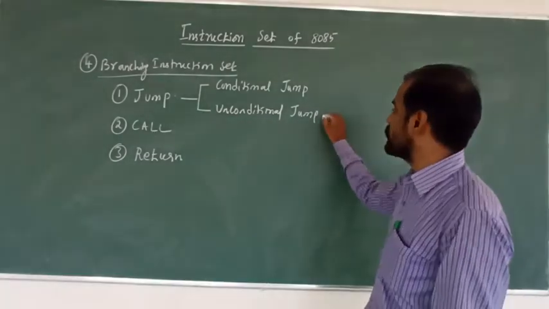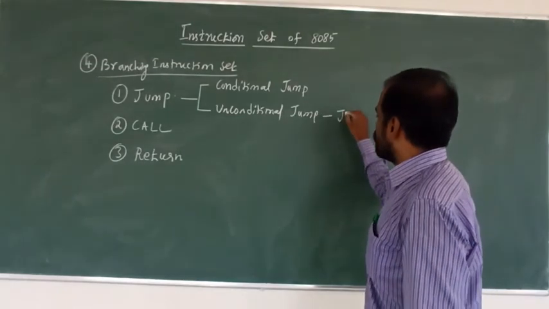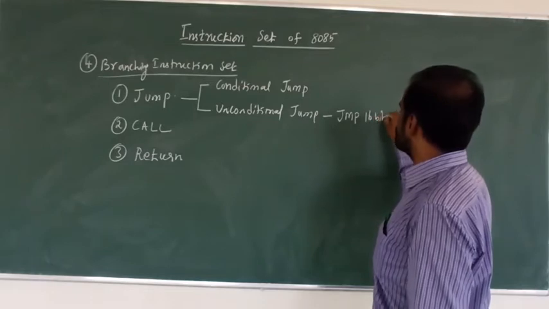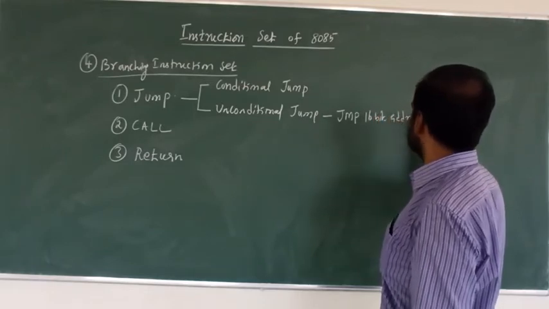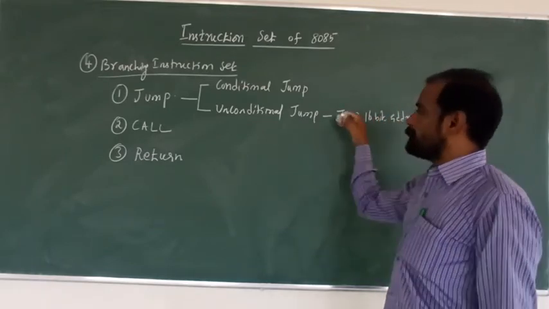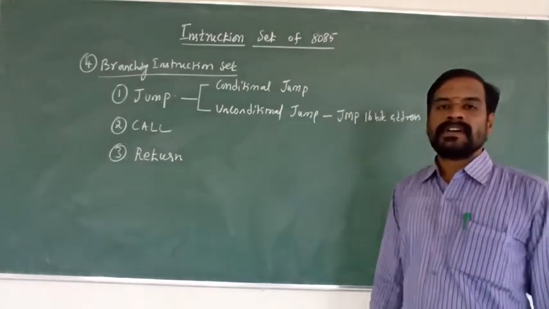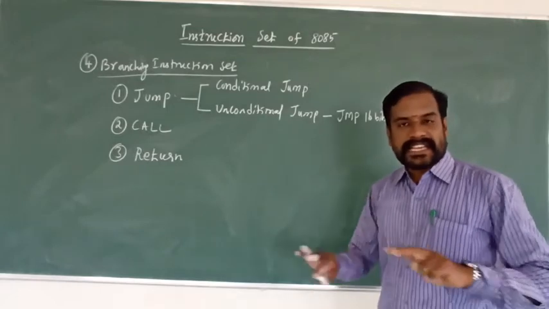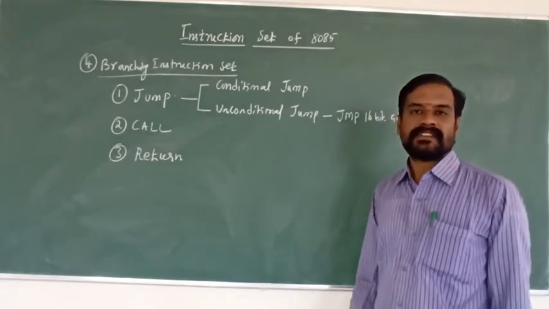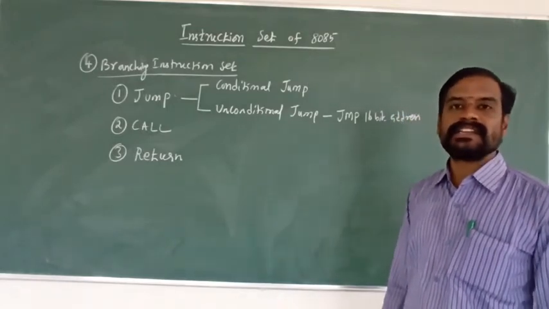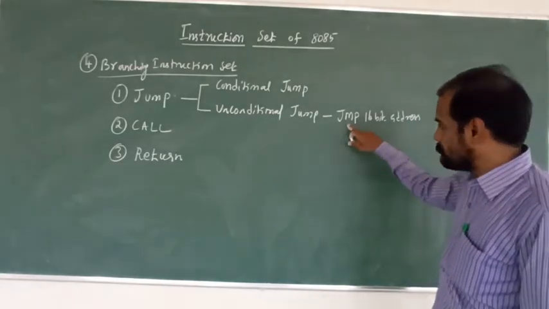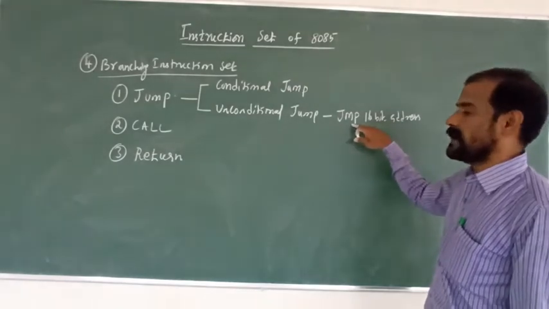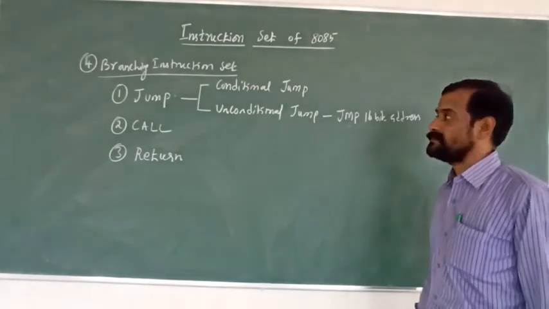This is called unconditional jump. Example, JMP 16-bit address. Before the jump instruction, it will not check any conditions. Jump to the given 16-bit address location. This is for unconditional jump.